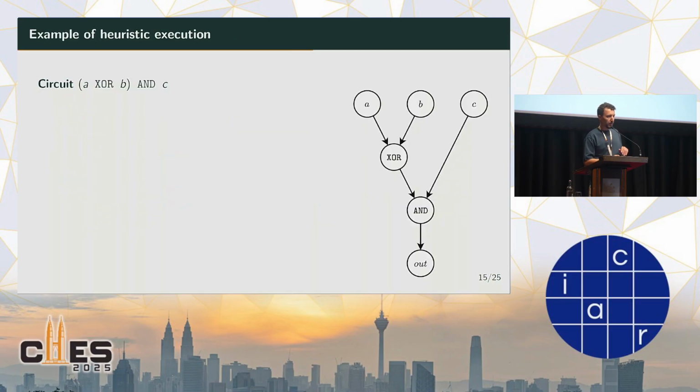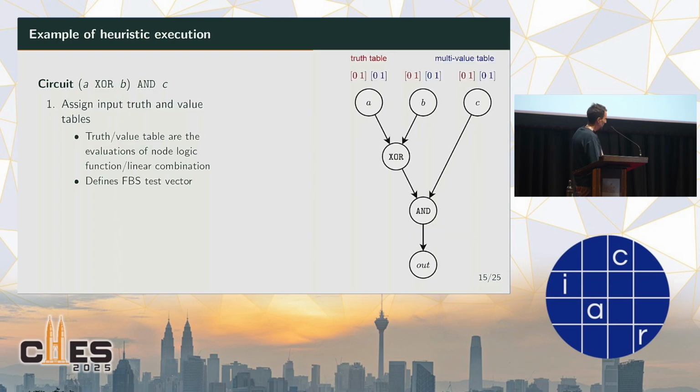Let me give you an example of how this heuristic works to ease the presentation. Suppose you have this circuit which has 3 inputs and 2 gates, an XOR gate and an AND gate. The first step will assign to each input 2 tables.